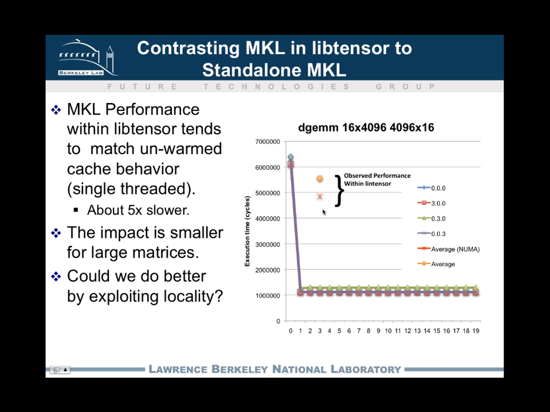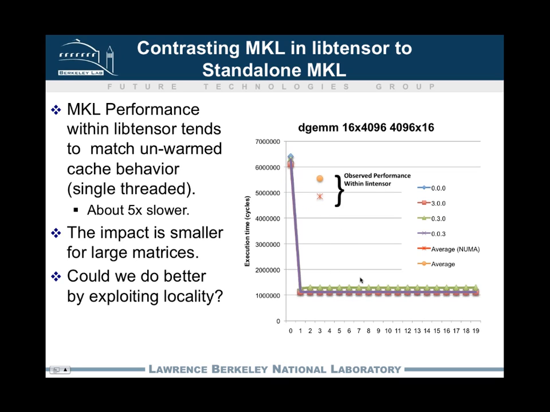What we're seeing here is just one example of one use of DGEMM, but this applies to other examples as well. We see that the performance actually tends to be very similar to the cold-cache behavior. So we are not getting the best out of MKL routines.